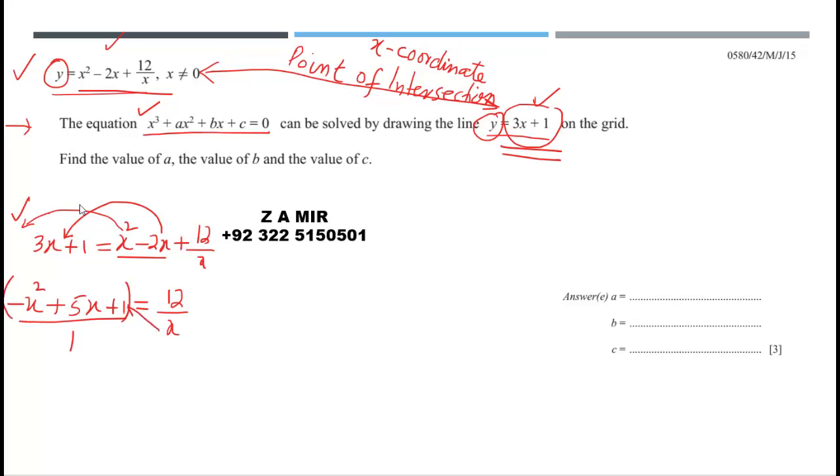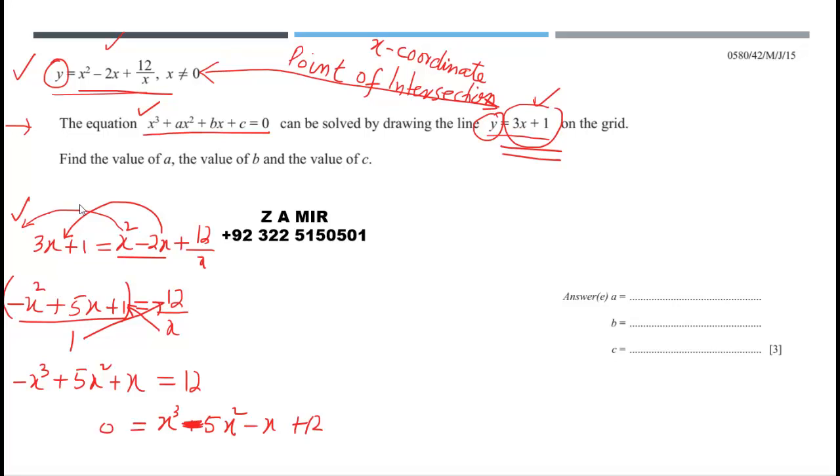This x multiply with the whole, it will become minus x cubed, plus 5x squared, plus x, and now this multiply with this, which is 12. So bring everything on the right hand side. It will become x cubed minus 5x square minus x plus 12 equal to 0.